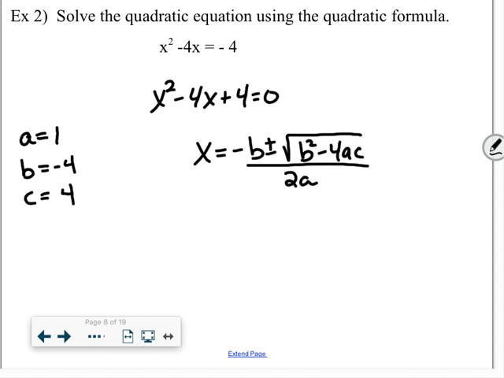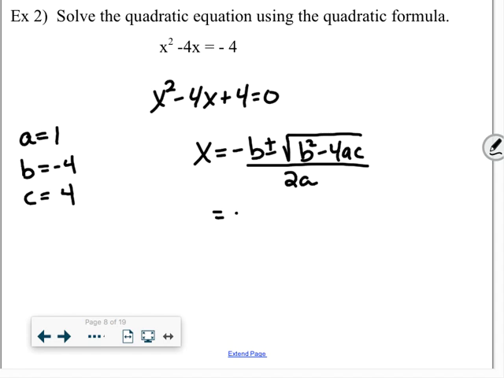I strongly recommend you write this formula out, okay? And if you sing the song, it helps you with the parts. I love to give you partial credit on your quizzes and tests, but if you don't show me anything, I can't give you partial credit. If you write the formula out correctly, then you're on your way.